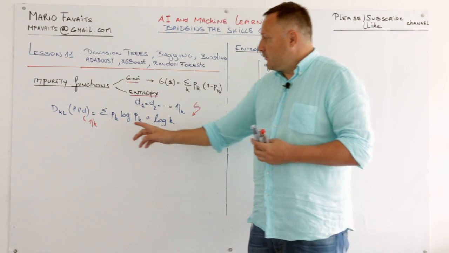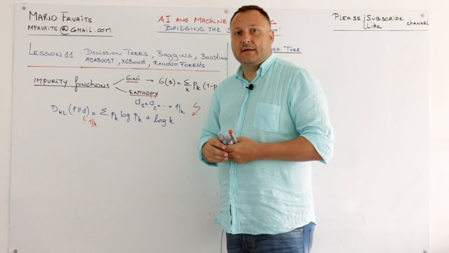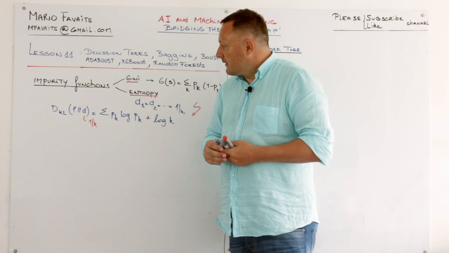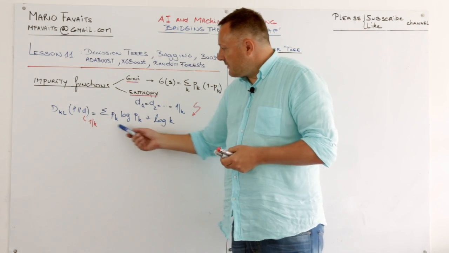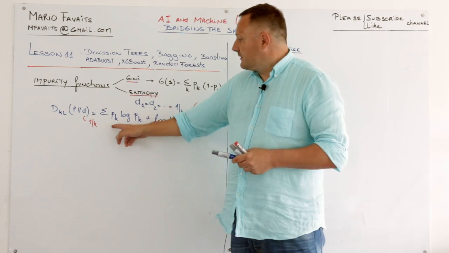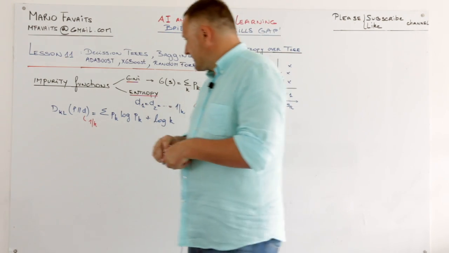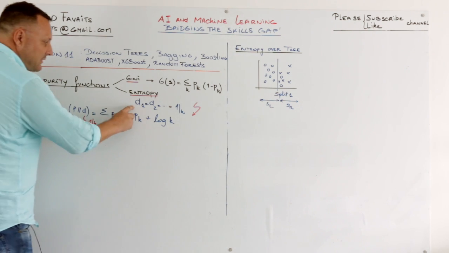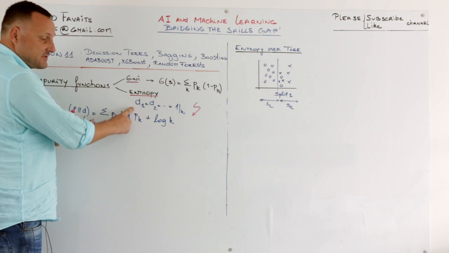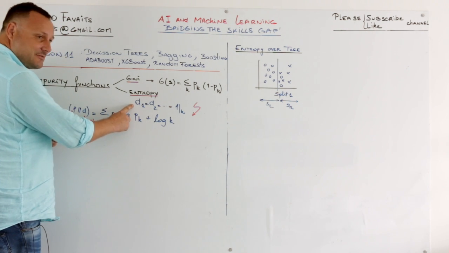Then we started with the Kullback-Leibler divergence, and we made some calculations and we ended up with this formula here. So we're going to start from here. We wanted to be as far away as possible from that distribution.